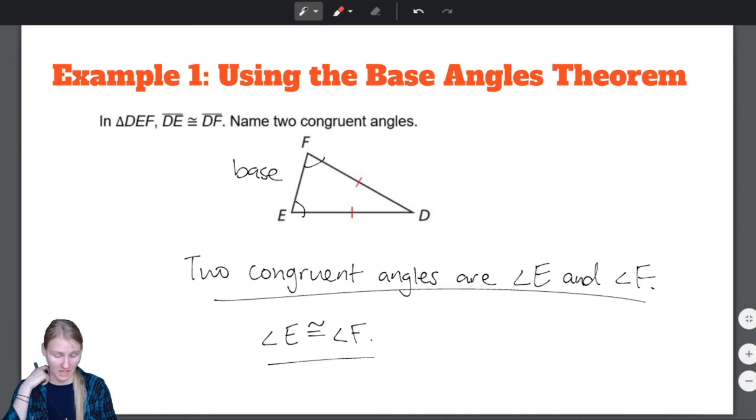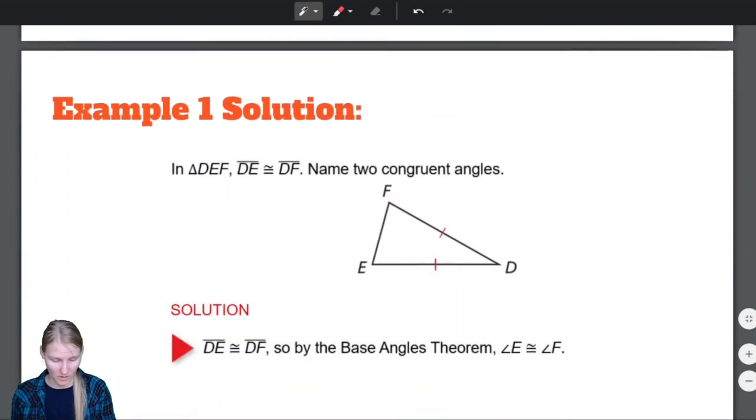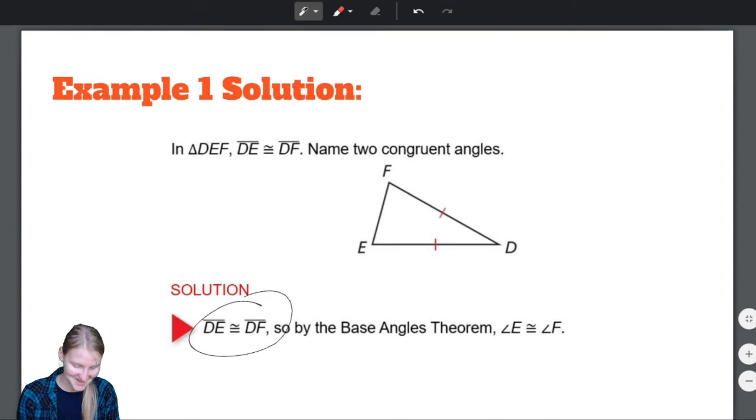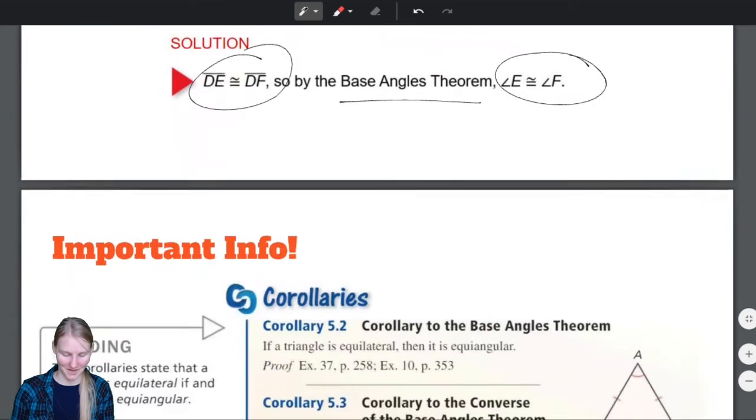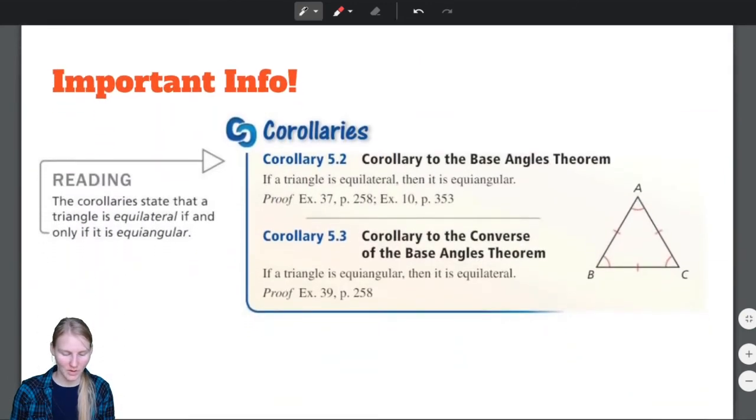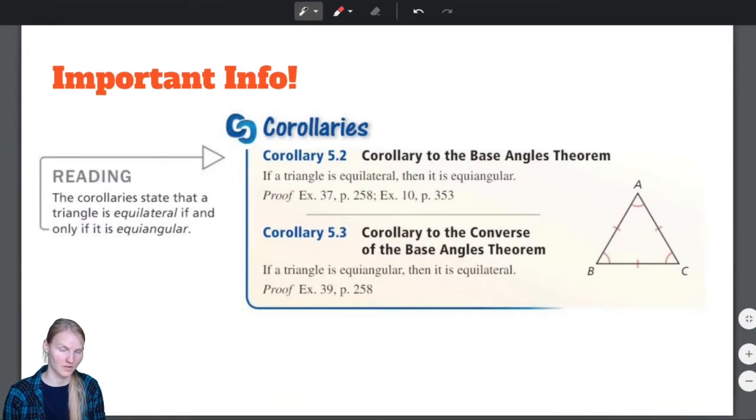Okay, wonderful. Let's check and make sure that we were correct. DE is congruent to DF, so by the base angles theorem, angle E is congruent to angle F. Perfect. Yay! Okay, let's go ahead and move on to another theorem for today.